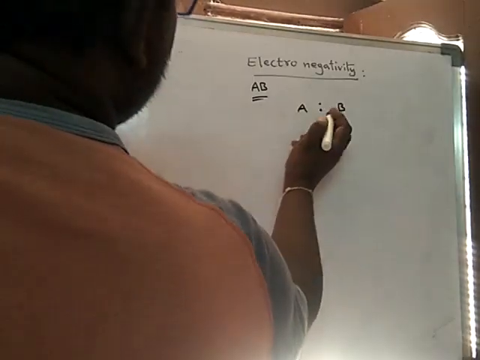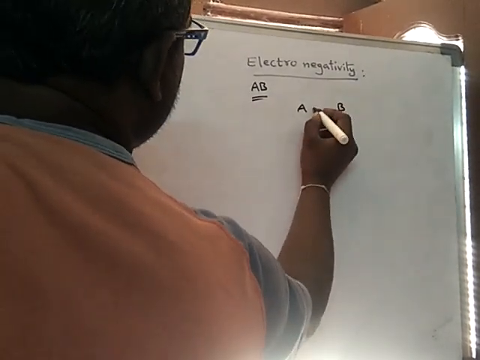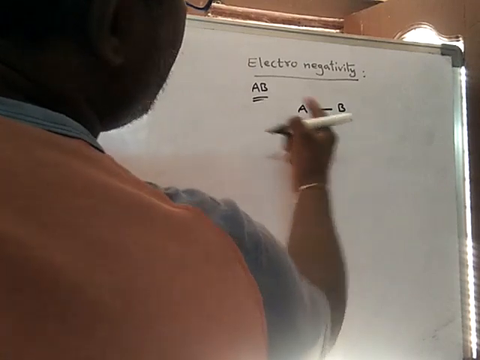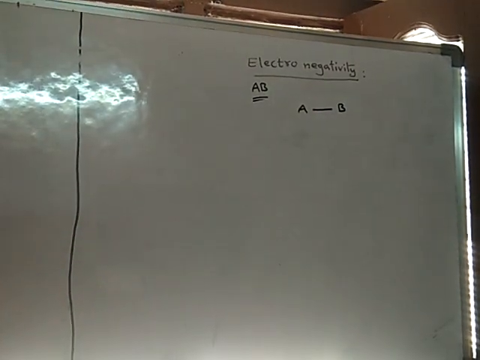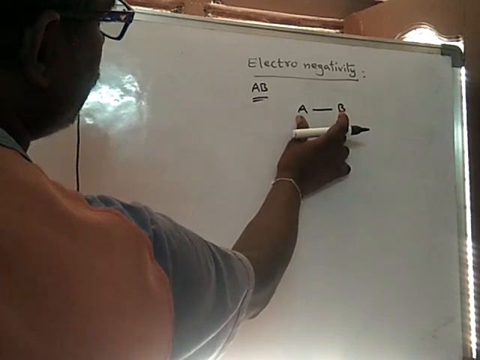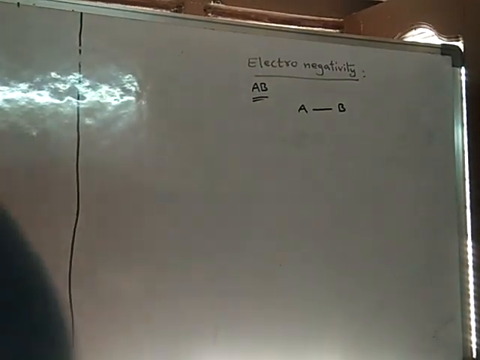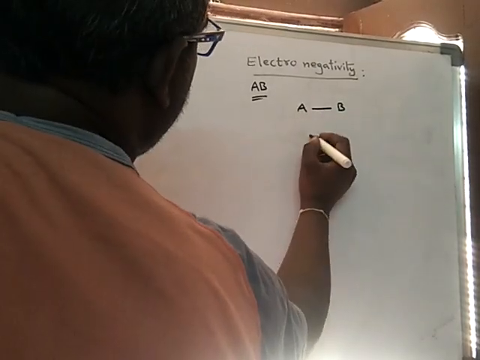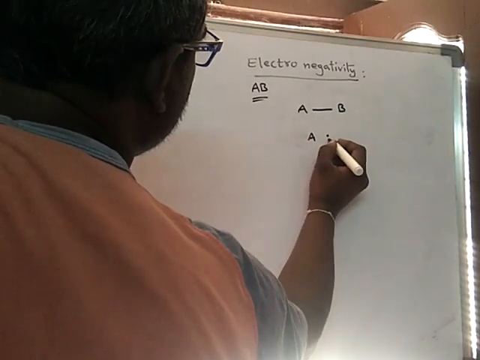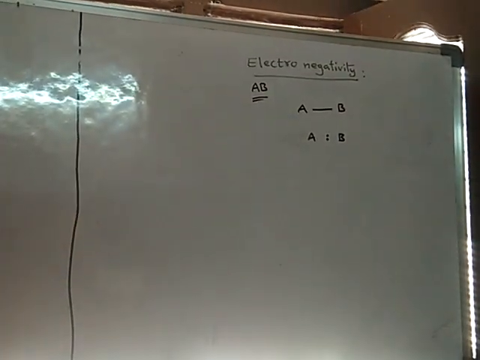Between atom A and atom B there is a bond. A bond is joining atom A and atom B together. Hence the molecule AB is formed. Always, a bond means a pair of electrons, that means two electrons.